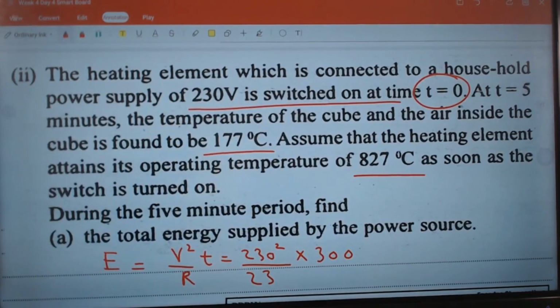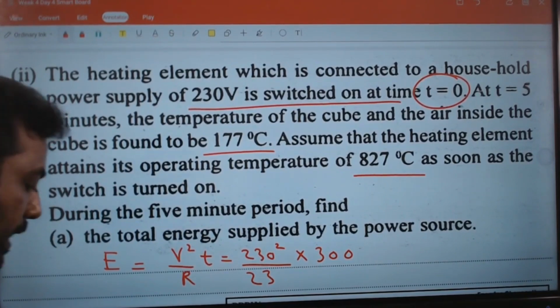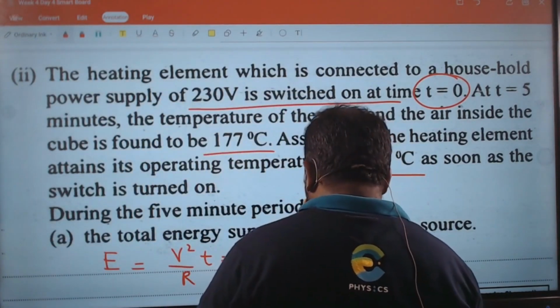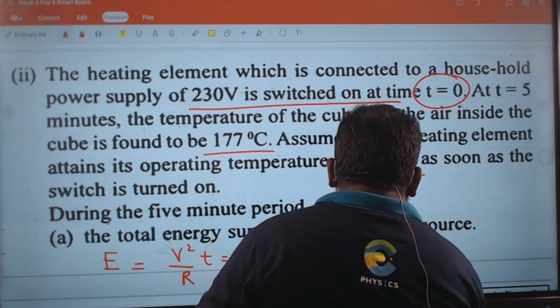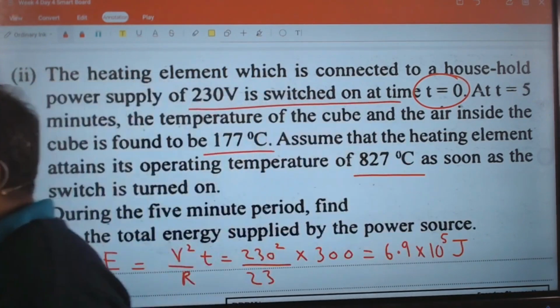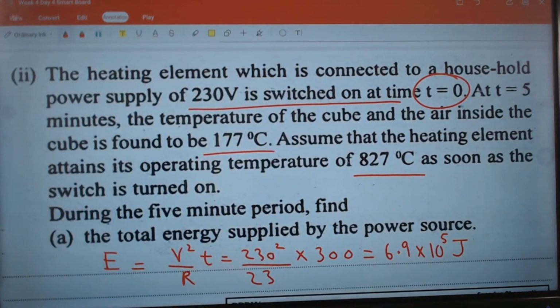Simplify this: 230 squared divided by 23 multiplied by 300. You will get 6.9 times 10 to the power 5 joules. The amount of heat supplied is 6.9 times 10 to the power 5 joules.